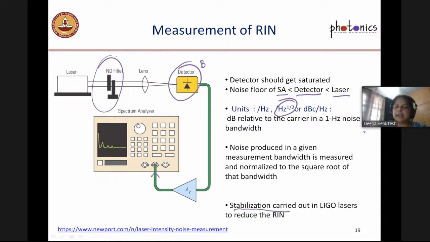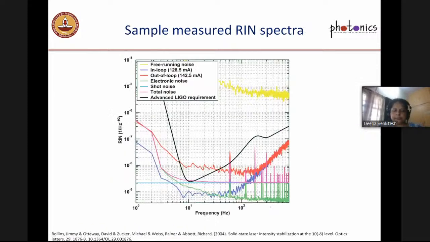Stabilization is definitely carried out in LIGO lasers to reduce the ring. To give you an example, this is from a paper which is talking about solid state stabilization for LIGO lasers. You see here this yellow line, which is masked by this picture. This is how the unstabilized ring spectra is.